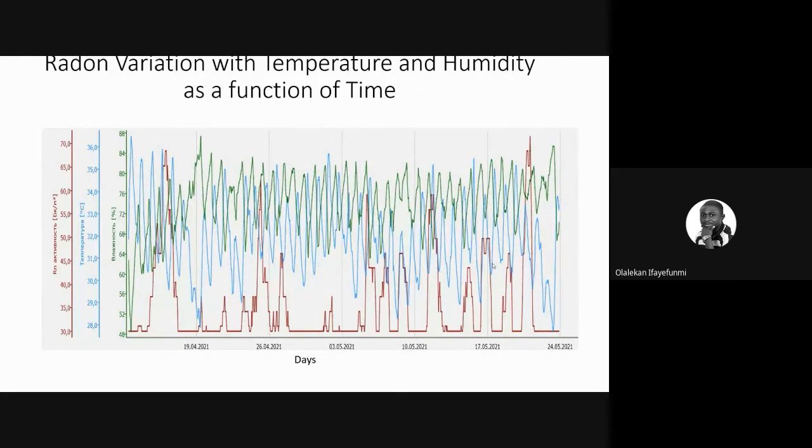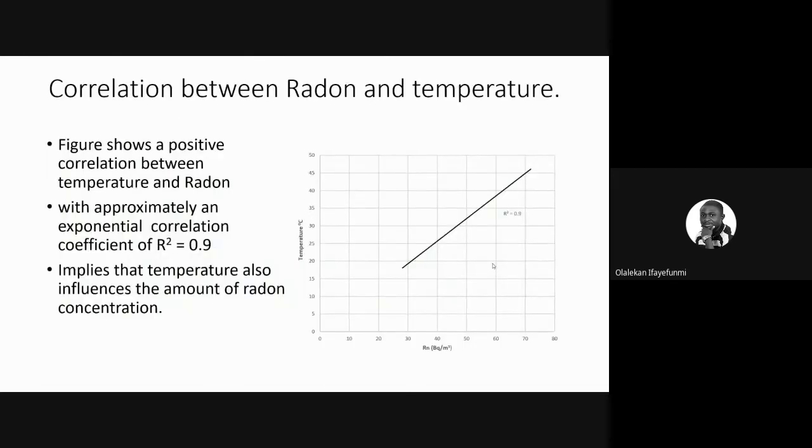That can help us get our indoor radon concentration. So we tried to check the correlation between radon and temperature, since temperature and humidity are part of the meteorological factors. From our correlation, we got an R of 0.9, which shows that there is a correlation between temperature and radon, an exponential correlation of 0.9.